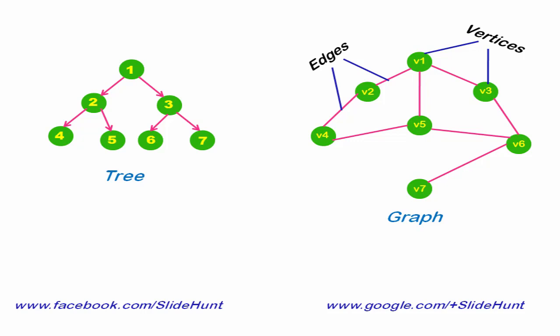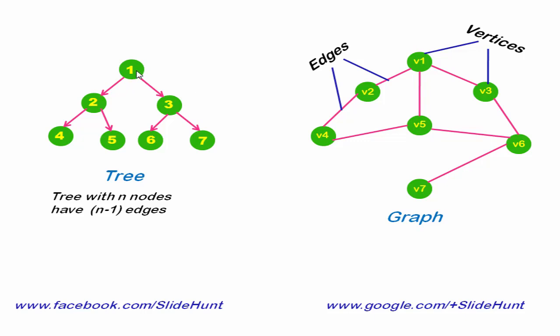In a tree, nodes are connected to each other using some rules. They cannot be connected in any arbitrary order. A tree with n nodes must have exactly n-1 edges. Each edge represents a parent-child relationship.